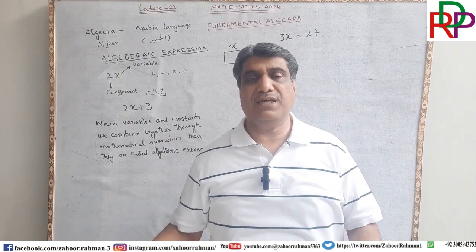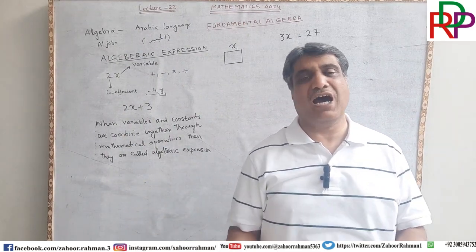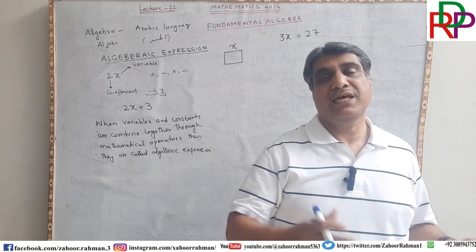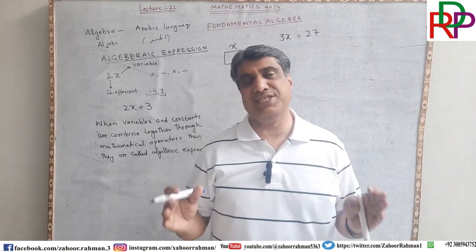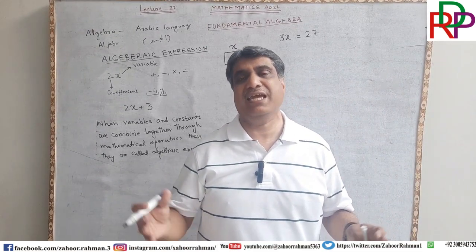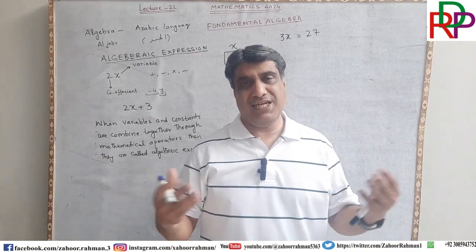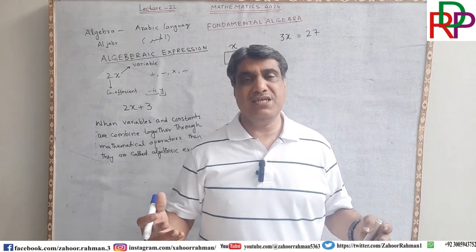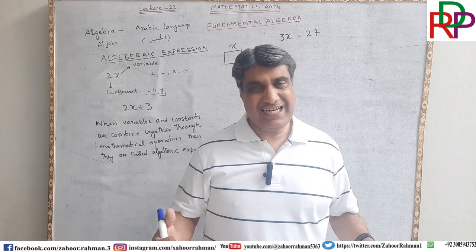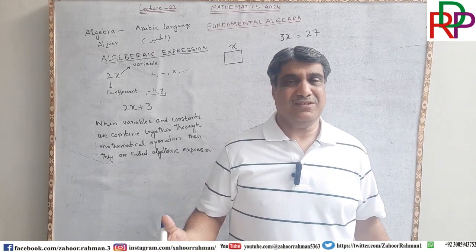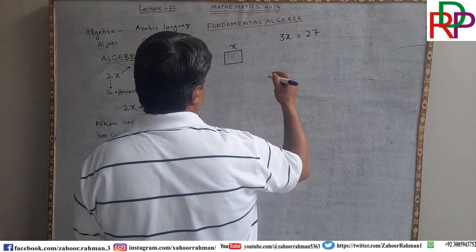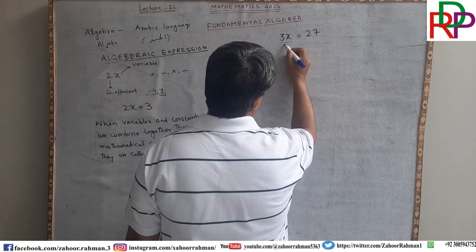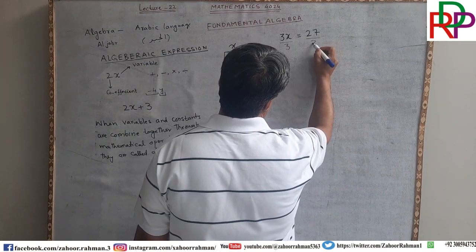In algebra, we have to find the value of unknown variables, and variables are always taken as English alphabet letters, whether it is A, B, C, X, Y, Z, etc. So here we can find it by dividing both sides by 3.